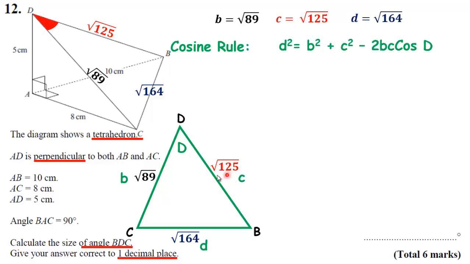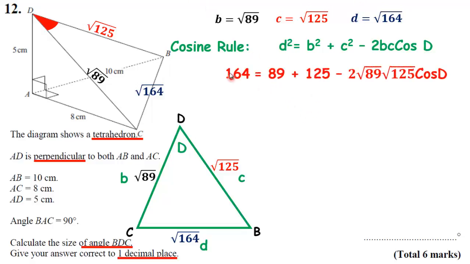The cosine rule, if I rearrange it for this, is d squared equals b squared plus c squared minus 2bc cos D. You need to remember that formula and make sure you are able to use it. I'm going to substitute for b, c, and small d into that. If I square a square root, the square root just disappears.